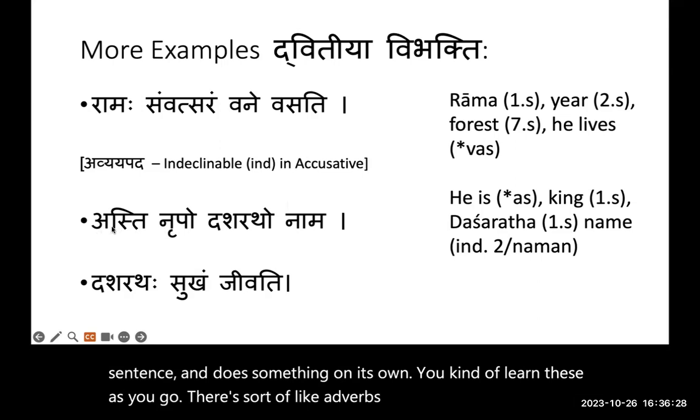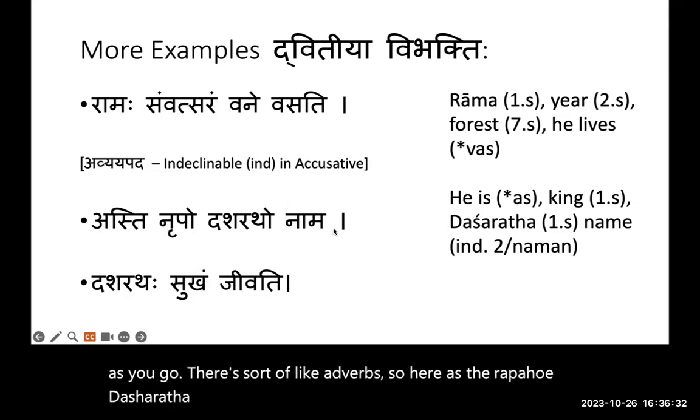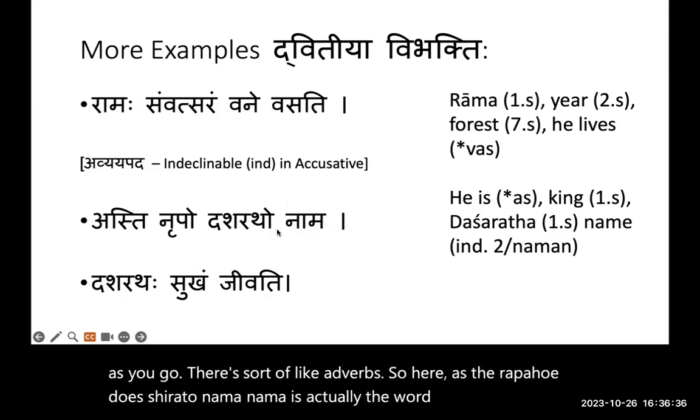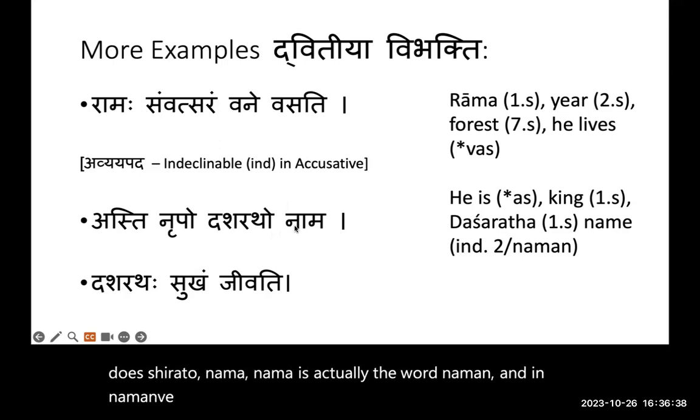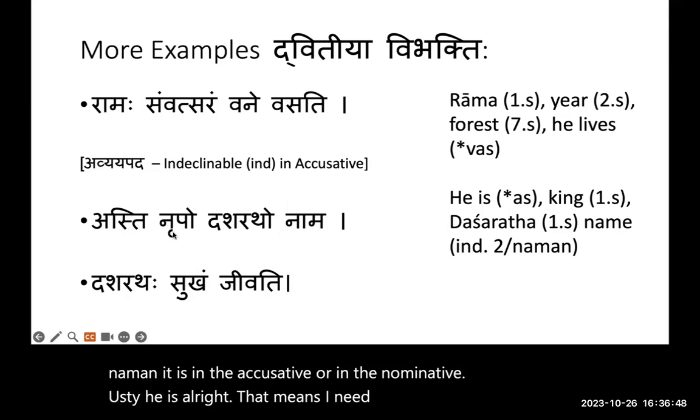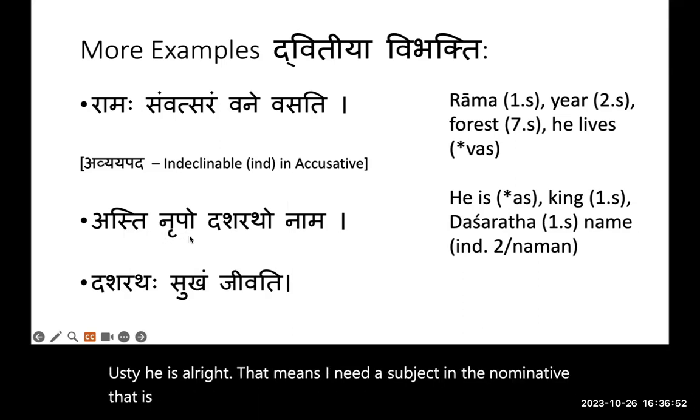So here, asti nṛpo daśaratho nāma. Nāma is actually the word nāman, in the accusative. Asti, he is. All right, that means I need a subject in the nominative that is singular. Nṛpo, king, awesome.